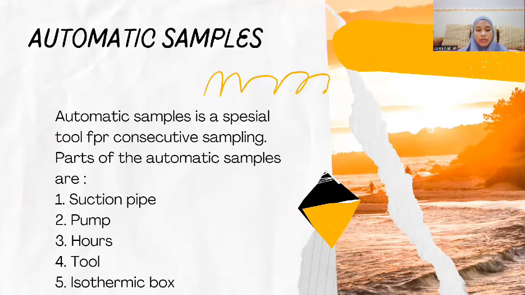Number 4, tool for dividing samples into bottles. And number 5, isothermic box. Isothermic box containing bottles of mixed sample cooled by ordinary ice or dry ice, so that sample preservation can be carried out no later than 1 day before being brought to the laboratory.